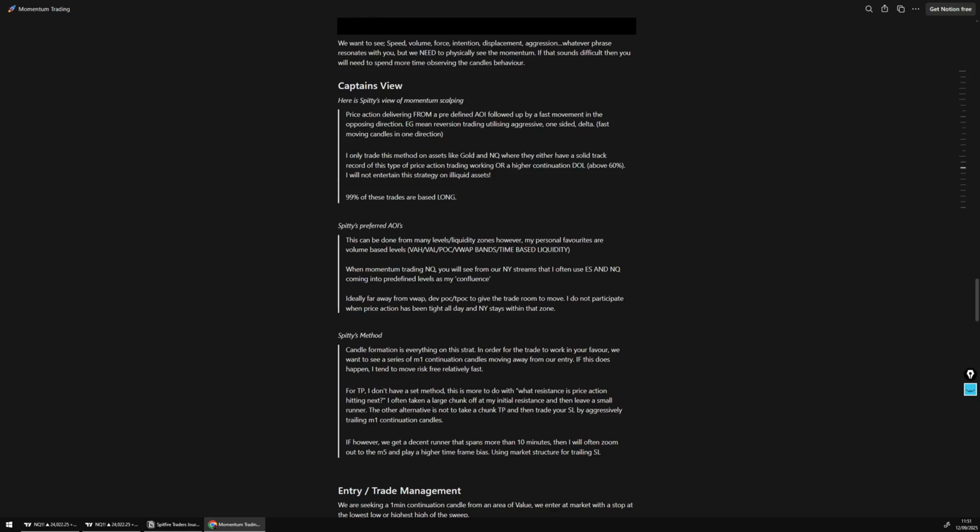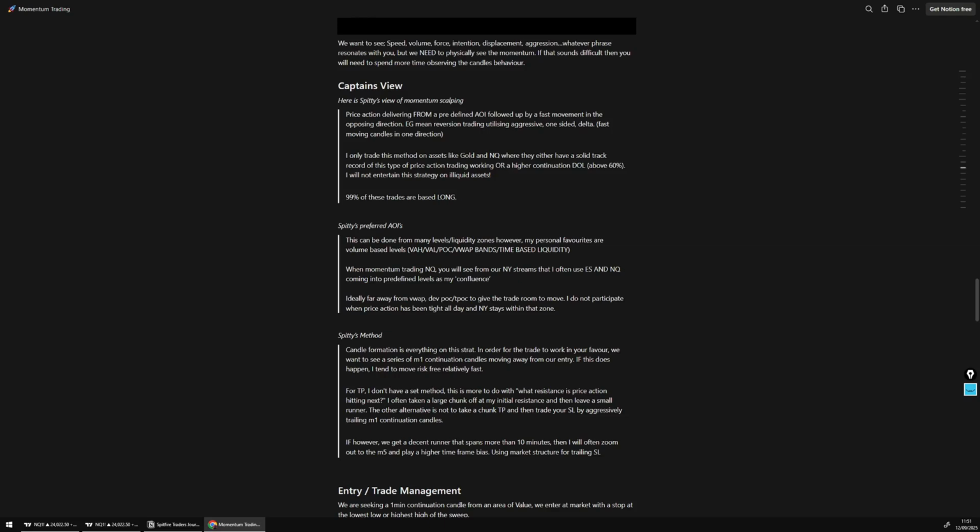I am not interested. If I've got a VPOC developing day, a TPOC developing day, value area high, value area low, and a VWAP all floating around within a few points of each other, I'm not bothered about trading that. Because I don't have something that I can work with. I don't have the chance for momentum. Okay, not in my favor.